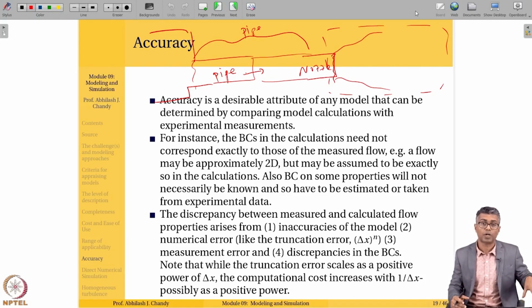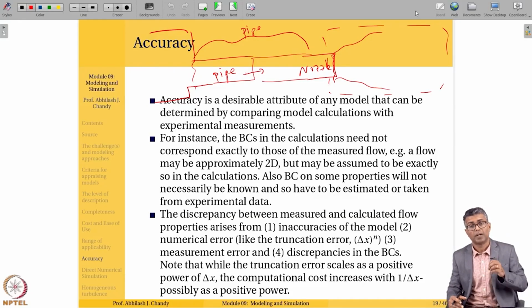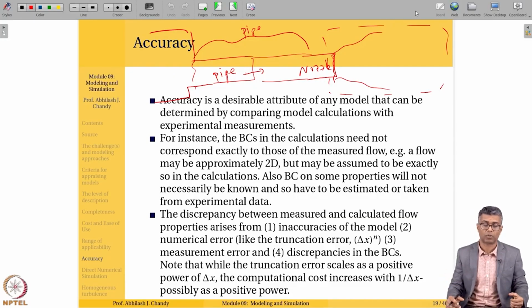But computationally, it would be extremely expensive to have a really long pipe and simulate the flow through that pipe so that the flow transitions to turbulence. So we only include part of the nozzle in your computational calculation. And I talked about how inclusion of the nozzle is a relatively newer norm in turbulent jet calculations, where it is now known from literature that the nozzle needs to be included.